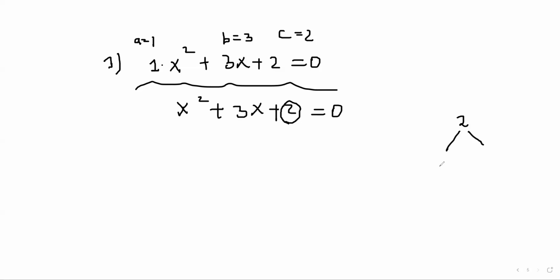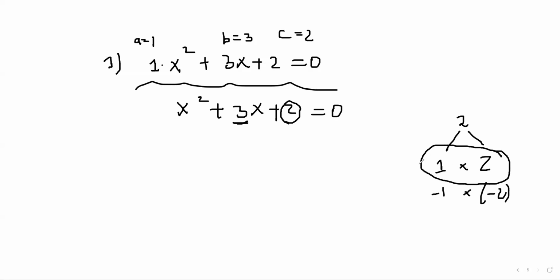So 2 can be 1 and 2: 1 times 2 makes 2, or minus 1 times minus 2 makes 2. However, we have to be sure that their sum gives us the 3. So in this case, the corresponding factorization parameters can be 1 and 2.